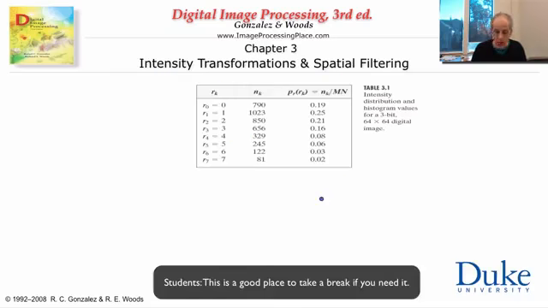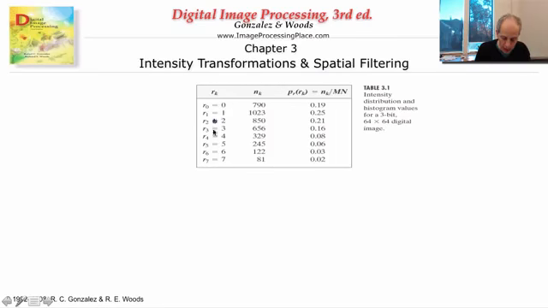First, let's just take an artificial example where we have 8 different values here. This is the counting. So we have 790 pixels that have value 0, and 1023 pixels that have value 1, and so on. And we just transform this into a probability because we have been working with probabilities.